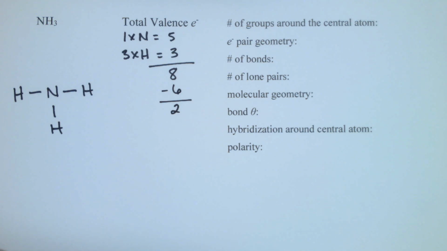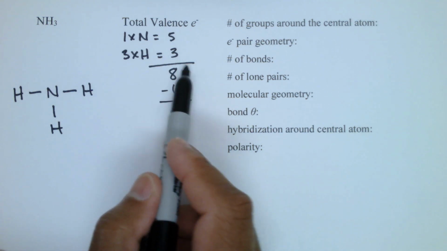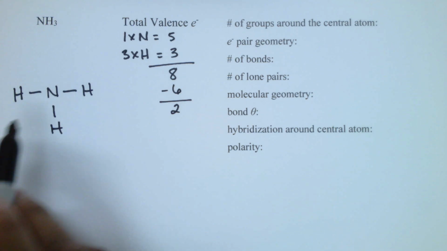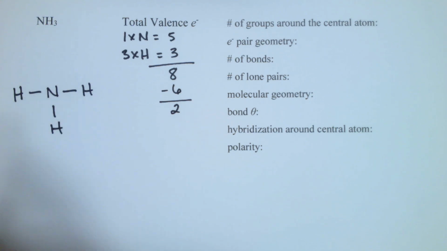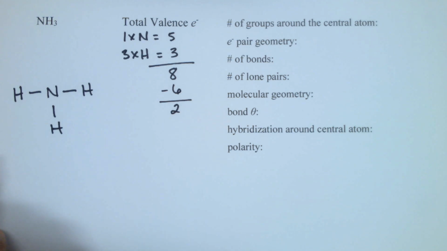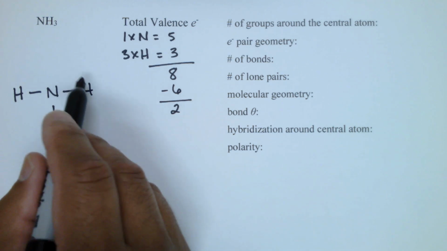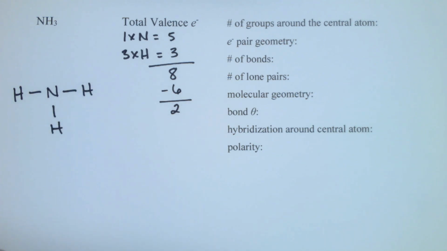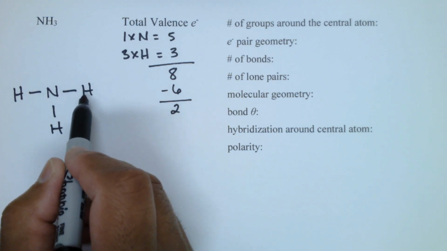Again, in Lewis structures, we want to show the reader where all 8 electrons are in this molecule. So 6 of them are participating in these 3 bonds. And then the other 2 will fill the octet rule from the outside going in. Now, the rule for hydrogen is the duet rule. It does not have 8 electrons around it.